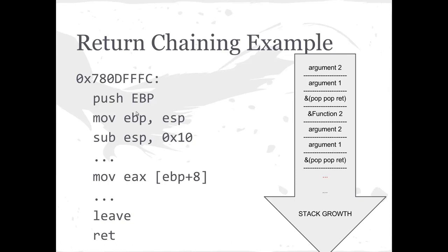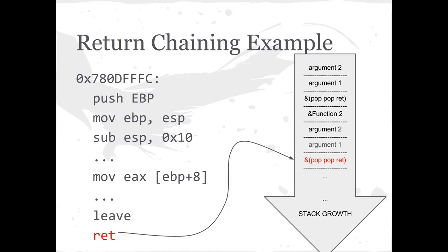It's going to have its little prologue and its epilogue, and stepping through each line, it's going to push EBP, it's going to use the arguments, it's going to then clean up, restore the stack frame, and then it's going to call return.